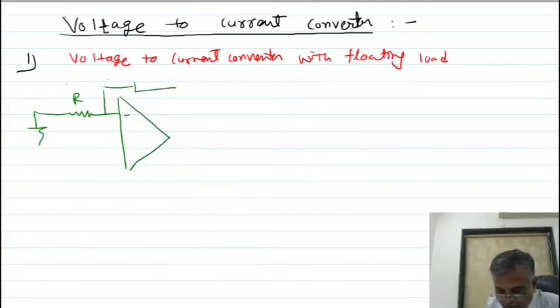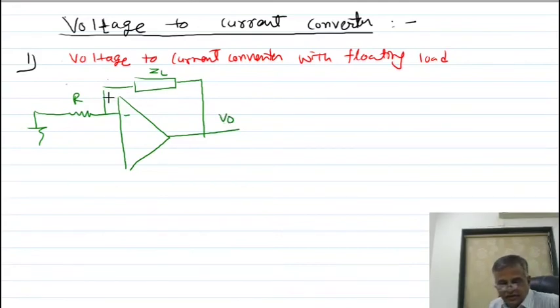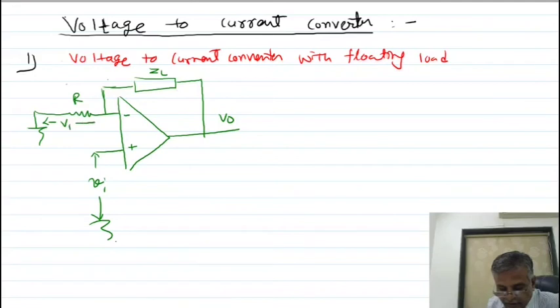This is your ZL. Your ZL is not grounded, you can see, so it is called a floating load. Here some voltage is developed at this point.